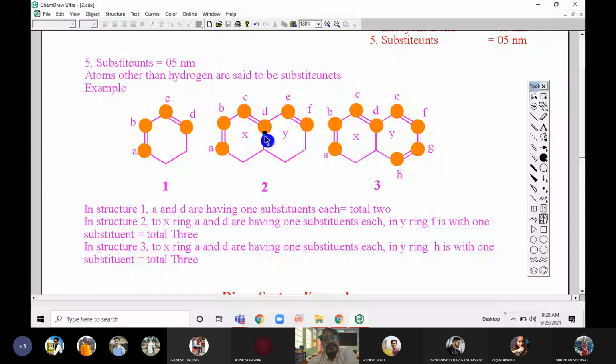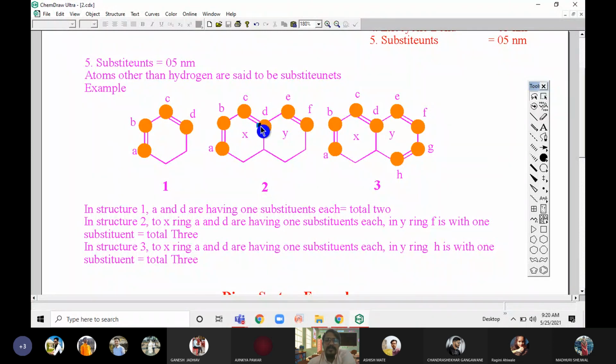Now in the second structure, I have labeled it as A, B, C, D, E, F, and the two rings are also labeled with X and Y. Now we are going to find, first of all, for the X ring. Here the X ring, similar to this, has A having a substituent, and D is also having one substituent over here.